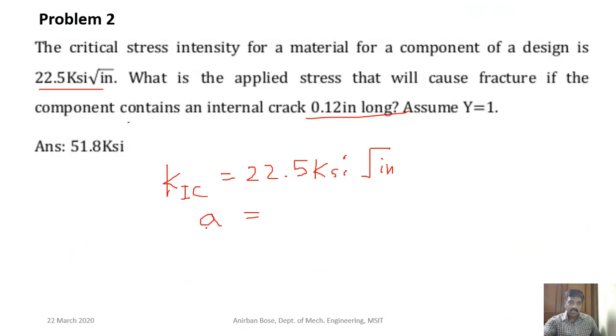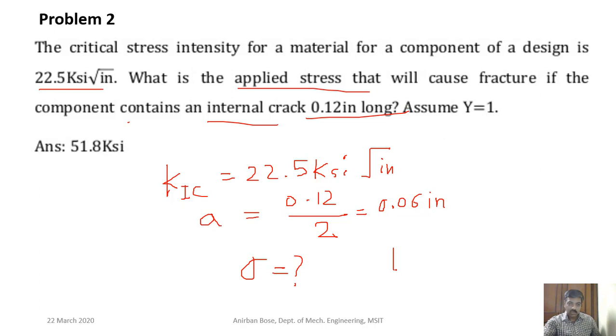So here also, what is A? It is a 0.12 inch long internal crack. That means A will be equal to 0.12 divided by 2, because it is an internal crack. If it is a surface crack, then that will be the value itself. So A is 0.06 inch. And the problem is you have to find the applied stress for which it will propagate.